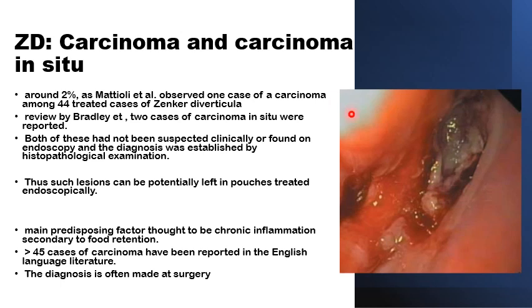But carcinomas in situ may not be discovered except after surgery with the histopathology examination of the excised pouch mucosa. This is one argument in favor of excising the pharyngeal pouch rather than just dividing the septum between the pouch and the lumen of the pharynx and the esophagus.